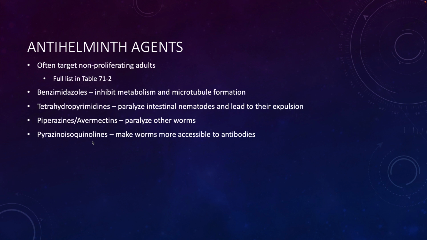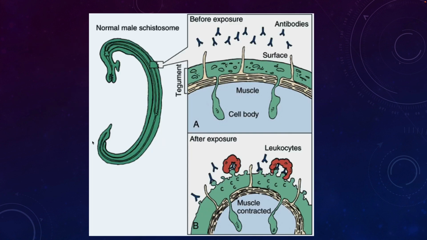And sometimes parasites have a coat around them, called a tegument, that can make it difficult for antibodies to bind. And so some of these drugs down here, like at the bottom, can actually make the tegument more accessible to antibodies. And so that's what we're showing in this cartoon.